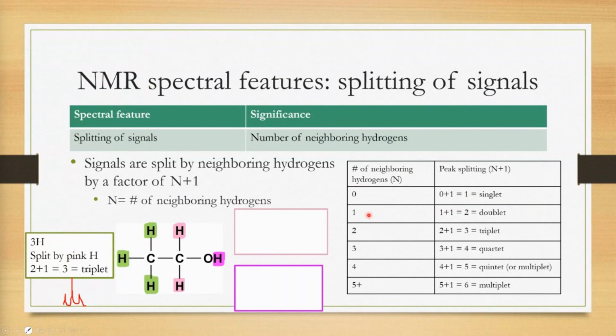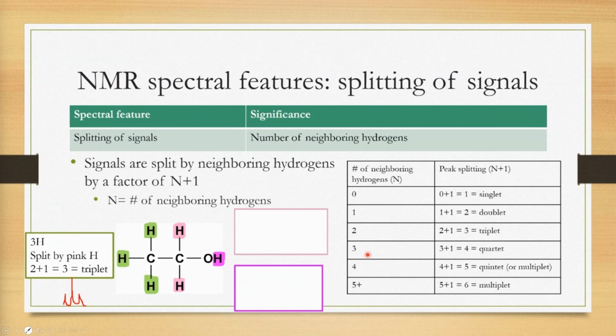If the hydrogens you're focusing on have 1 hydrogen on an adjacent atom, the peak will show up as a doublet, so instead of 1 single peak, it'll be 2 peaks very close together. If you have two hydrogen atoms on the neighboring atom, as we saw for these 3 hydrogens, that signal will show up as a triplet peak, where 1 peak is split into 3.